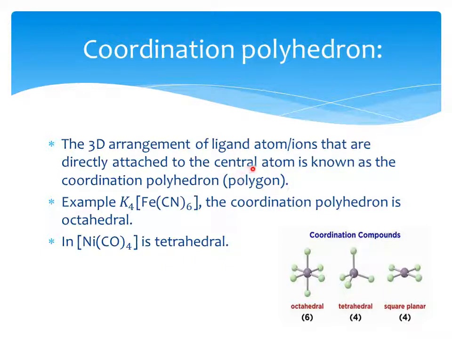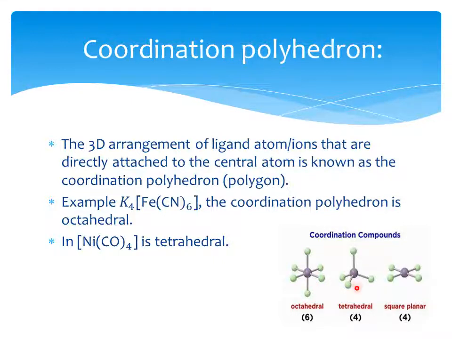So the central metal ion or atom with the ligands in a three-dimensional arrangement is called a polyhedron or polygon. So if the coordination number is 6, if there are 6 ligands, its geometry is said to be octahedral, and its polyhedron is octahedral.